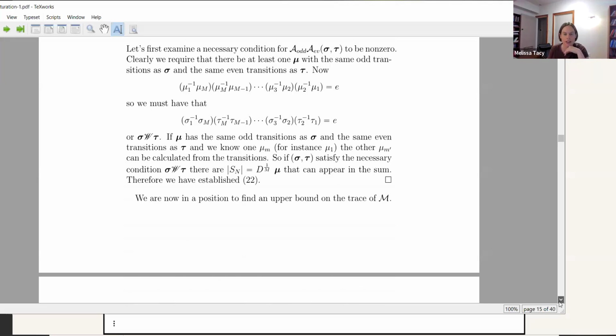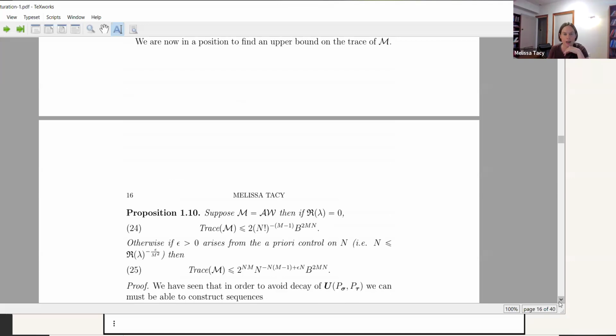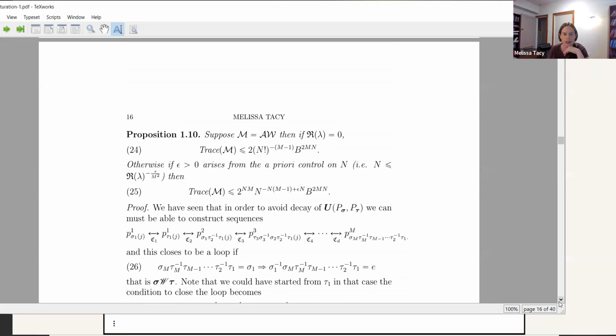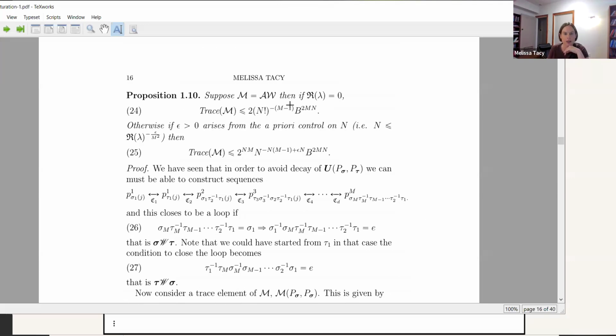So now, once we've got that set up, we can have a look at the upper bound for the trace. There are two different estimates, one for when the rate of decay is 0 and one where it's not 0. Effectively, they're the same thing, except that for the one where the rate is non-zero, you have a little bit of epsilon loss. Just use Stirling's approximation to approximate n factorial to see that.